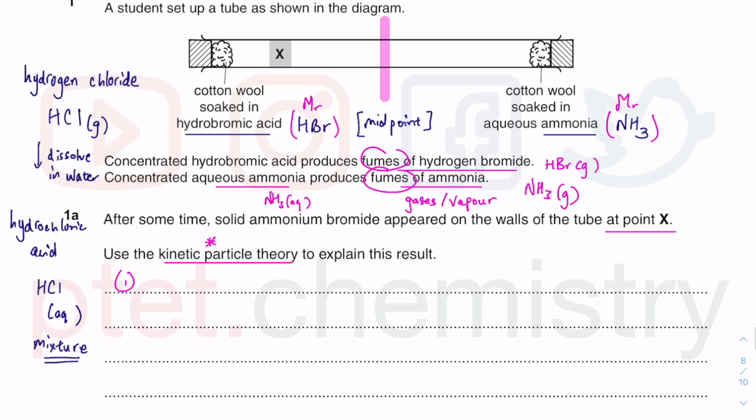We can see that there is diffusion. So the HBr and NH3 fumes. You can talk about fumes containing gaseous particles. So basically I'm talking about the particles of HBr and NH3 that diffuse.